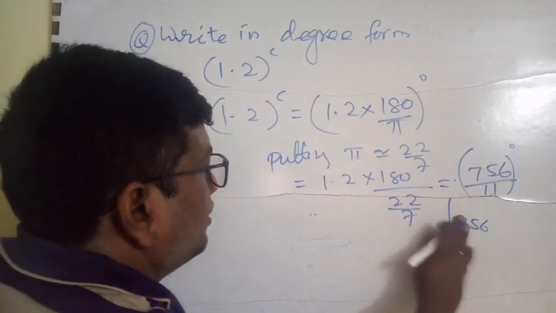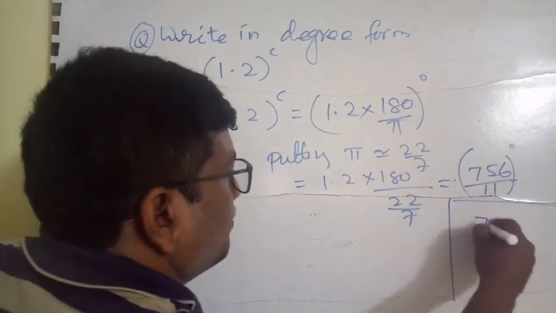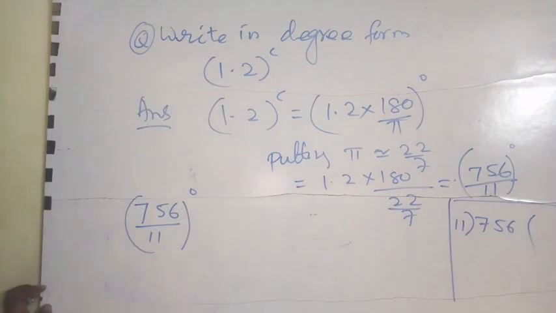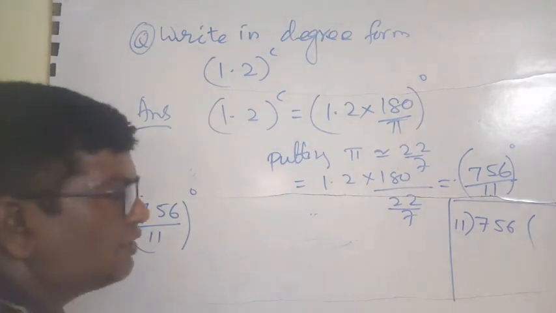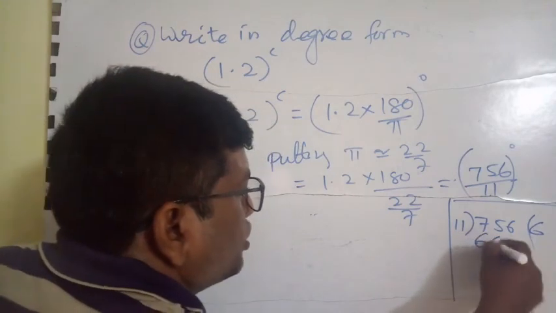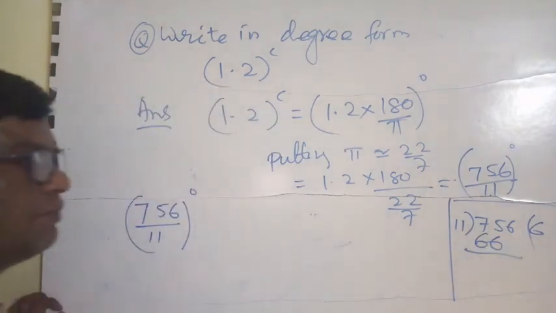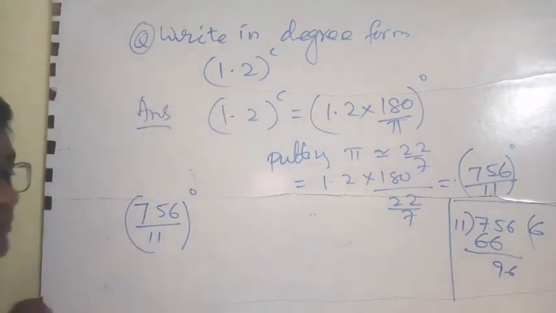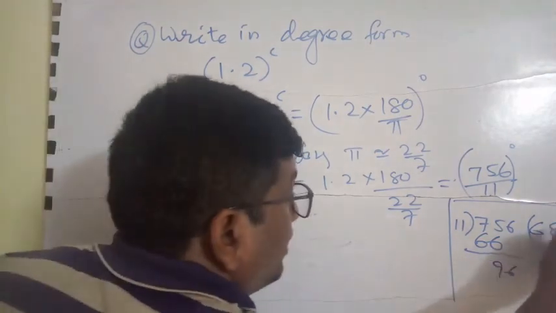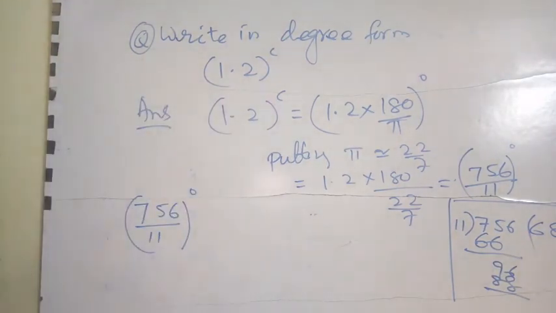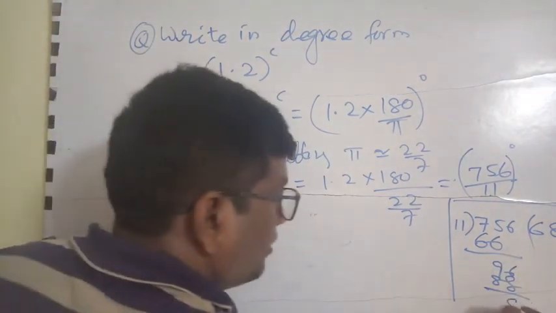Rough work here: 756 divided by 11. 11 6 the 66, 75 minus 66 is 9, 96, 11 8 the 88, 96 minus 88 is 8.